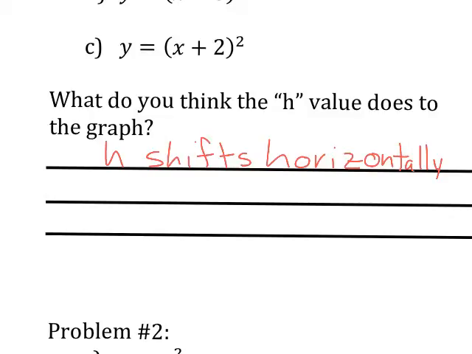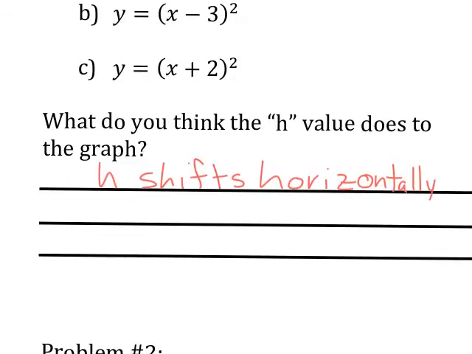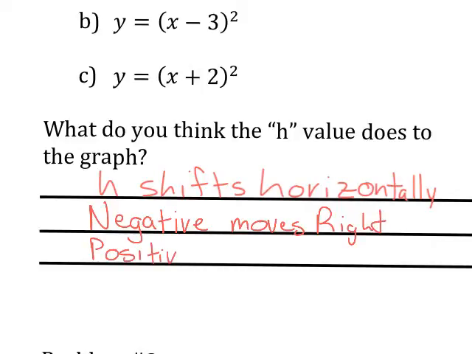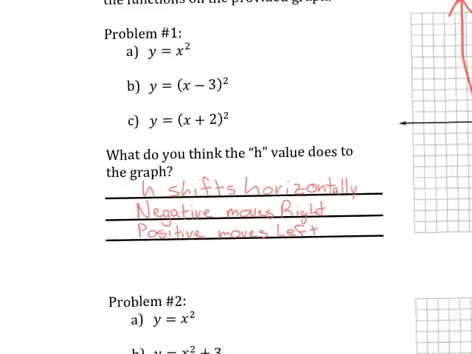The -3 on B actually shifted it to the right, so negative moves right, a positive moves left. So it's a horizontal shift, and it's the opposite direction of what you may think.